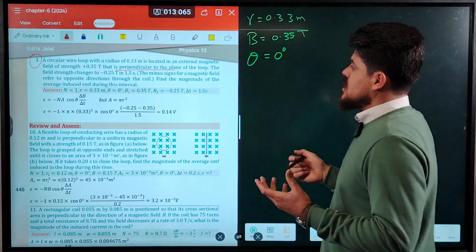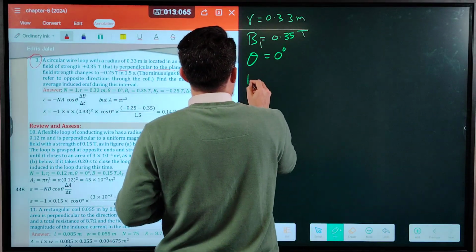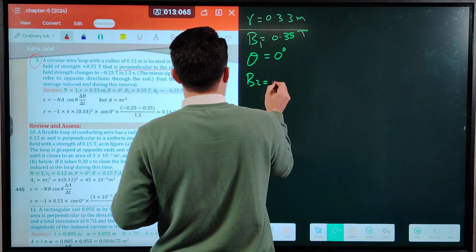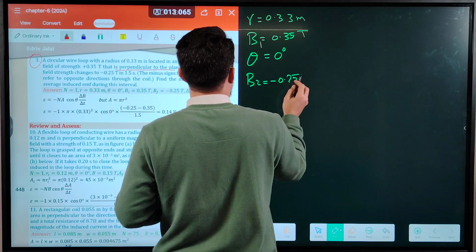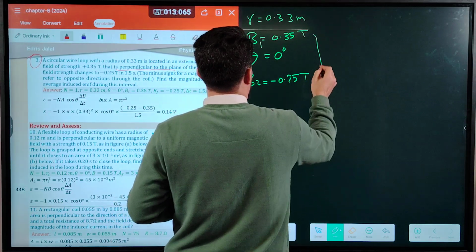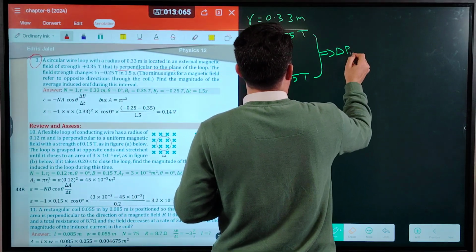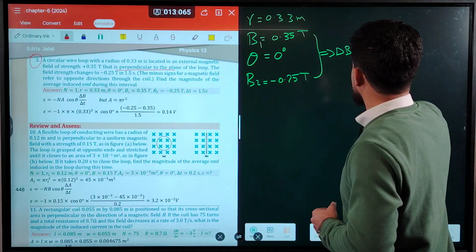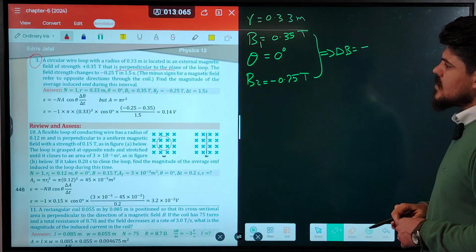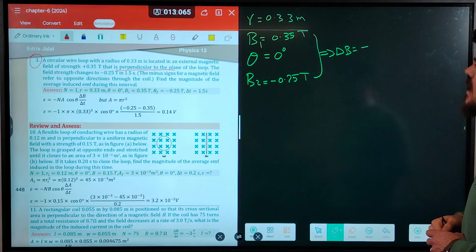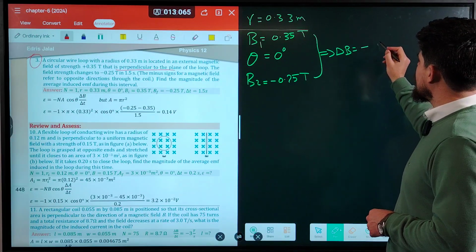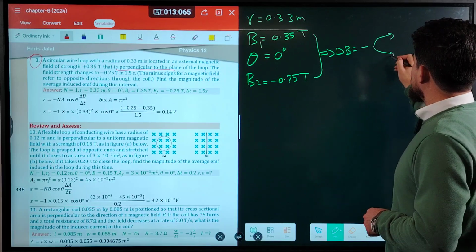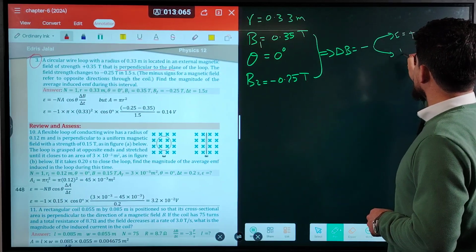The field strength changes too. So it means that this is B1, B2, negative 0.25 Tesla. Guys, look, delta B in this question decreased. So the negative sign for the magnetic field refers to the opposite direction through the coil. Delta B is negative. If delta B is negative, EMF is positive.